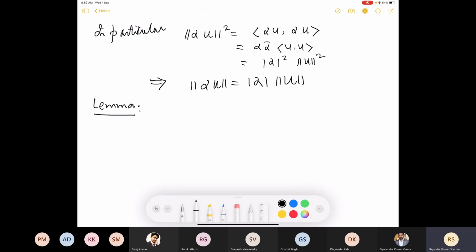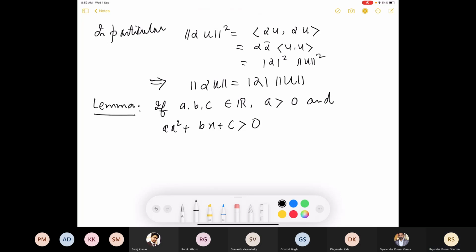It's easy to see that if a, b, c are real numbers and a is positive, and this quadratic expression a x square plus b x plus c is always non-negative for all real numbers x in R, then what we can see is that b square is always less or equal to 4ac.